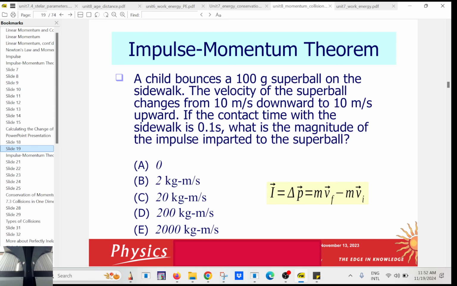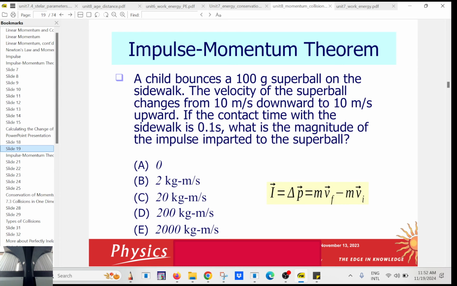So when you find the change in velocity, it's not going to be 0, it's going to be 20, exactly. Okay, so it will be 20, and then the mass in kilograms will be 0.1. So 20 times 0.1 is going to be 2.